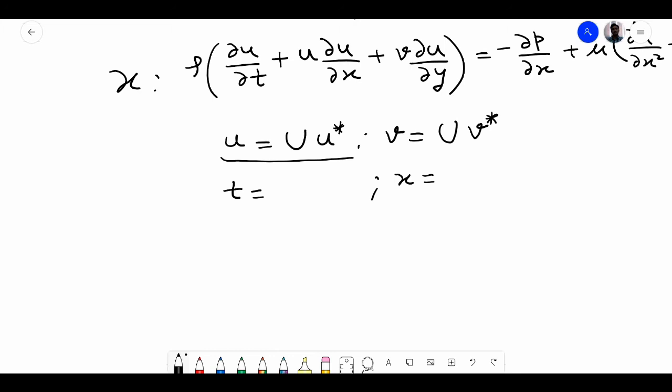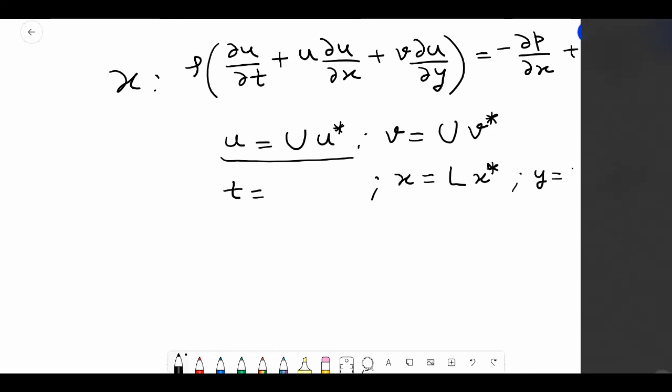For now, let us assume that it is L, and we have x star here, which is the dimensionless coordinate length in the x direction. Similarly, we can non-dimensionalize y.